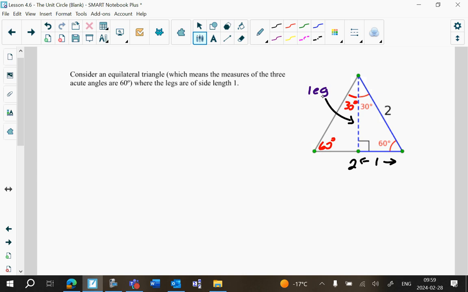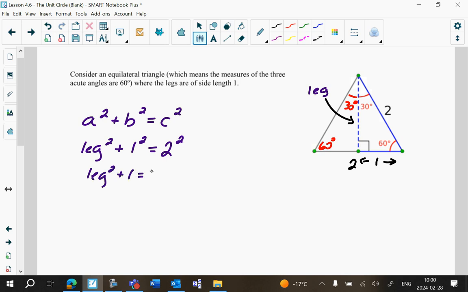So again, using Pythagoras, a squared plus b squared equals c squared. One of the legs I don't know, so I'm going to call it leg squared. The other leg is how long? 1. And the hypotenuse is how long? 2. So to figure out what the leg is, the leg squared plus 1 will equal 4.